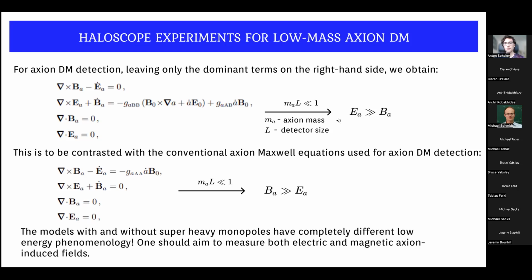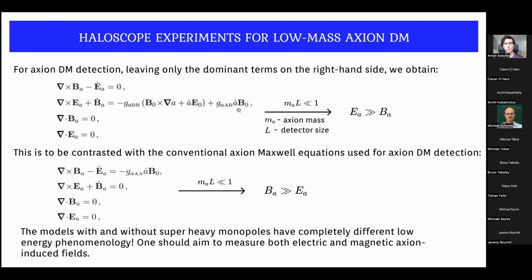But almost all experiments which probe low mass axions actually probe the magnetic field. They have magnetometers installed, so they are not really sensitive to these BB couplings.